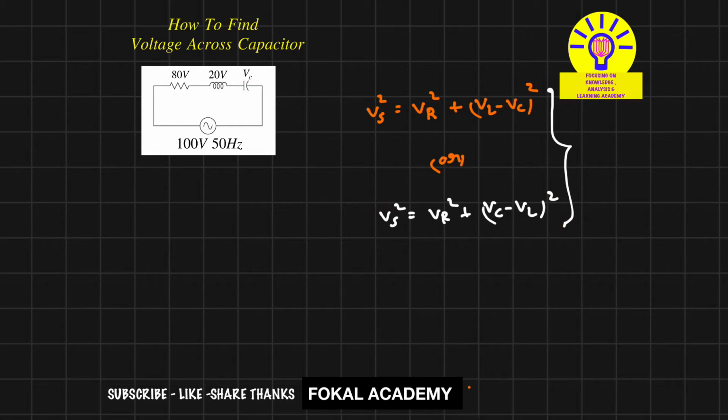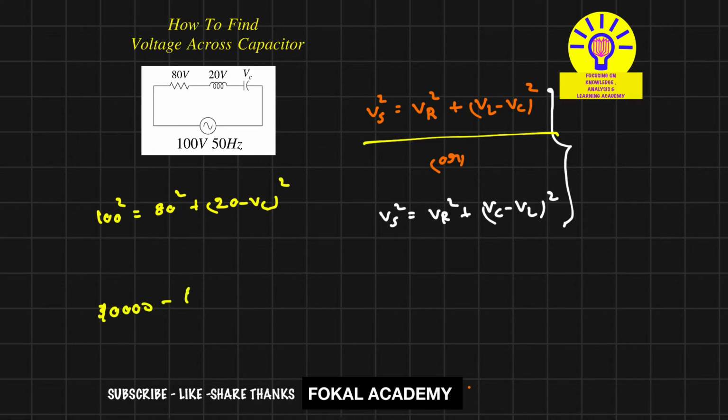Okay, now substituting all these values in this equation, we get 100 square equals 80 square plus (20 minus VC) whole square. So 10,000 minus 6,400 equals (20 minus VC) whole square, so 3,600 equals (20 minus VC) whole square.